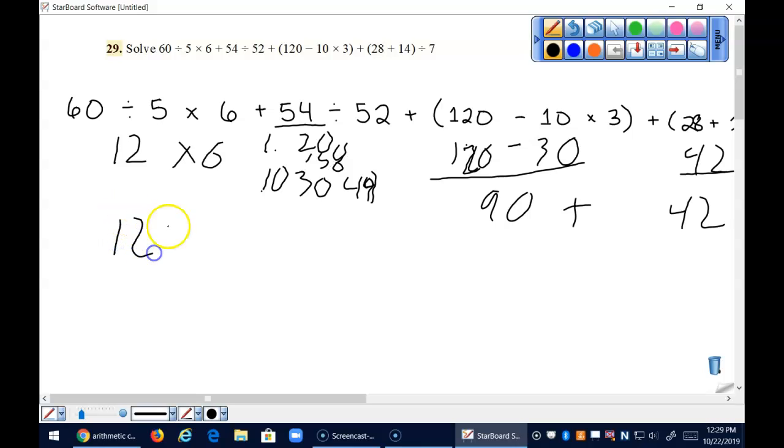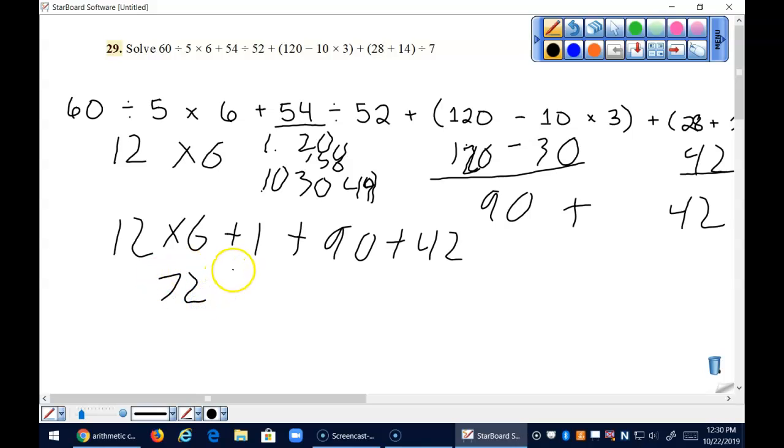So 12 times 6 plus 1 plus 90 plus 42. Which would be 60, 72. Plus 1 would be 73. Plus 90.